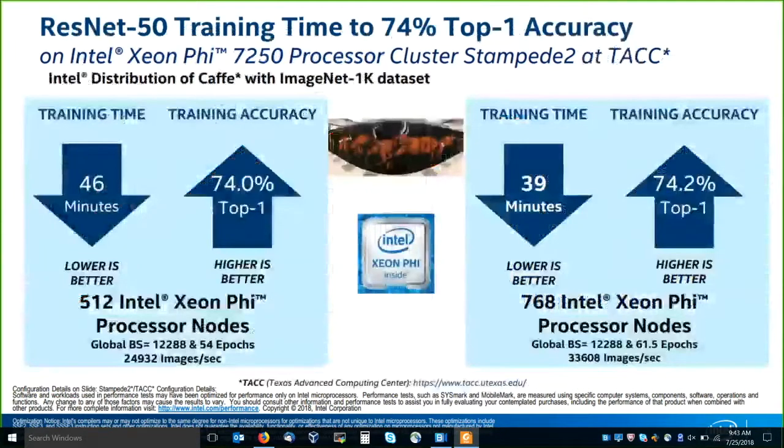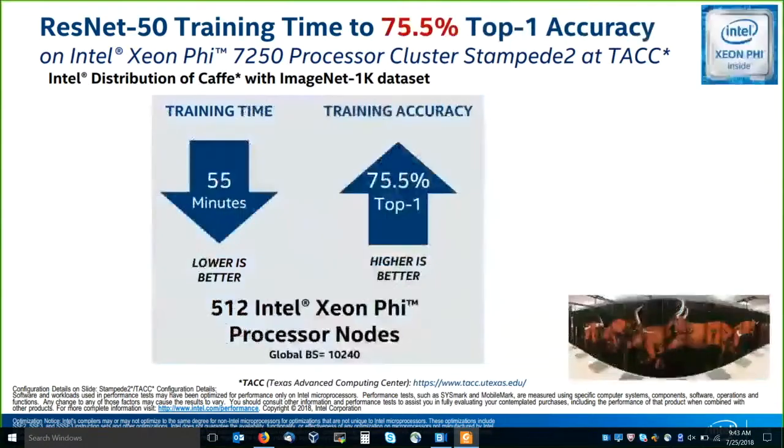Next, to go beyond the state-of-the-art accuracy or reduce the time to train, we increased to a 512 Xeon Phi cluster, also on TACC, and as you can see, we can reduce that to 46 minutes. Reducing time further, we have scaled it to 768 nodes, reducing that time to 39 minutes. All this data is actually on the Caffe framework.